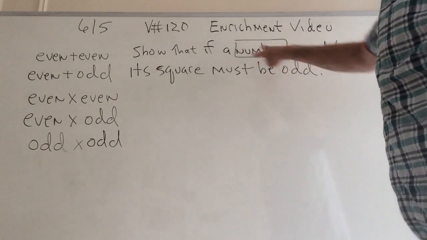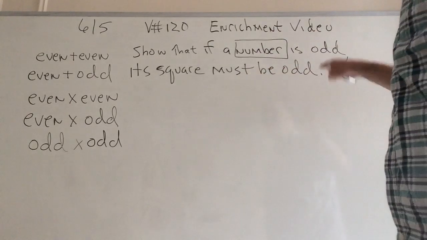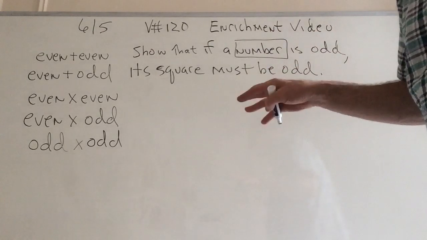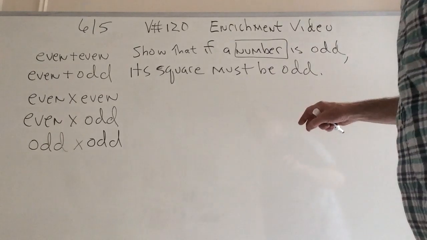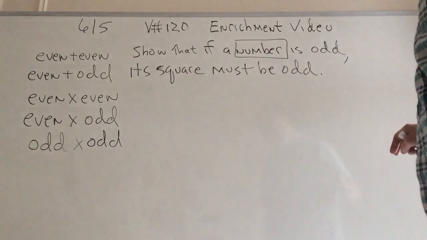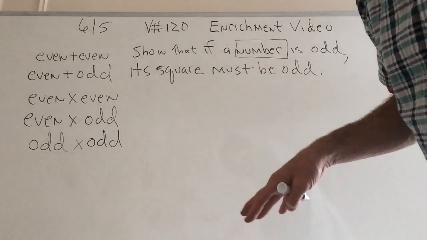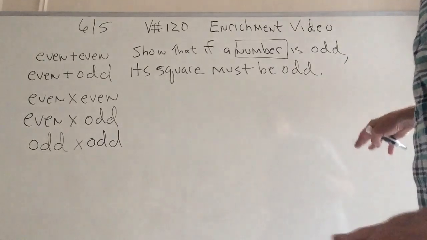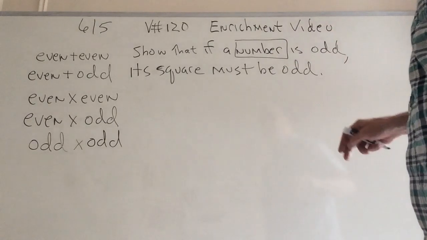But when we say number, we mean a positive integer, okay? And zero's trivial because 0 times 0 is 0, right? And we also are going to avoid negative numbers, although it works with negative numbers, just to make the basic point. So it says show that if a number is odd, its square must be odd.